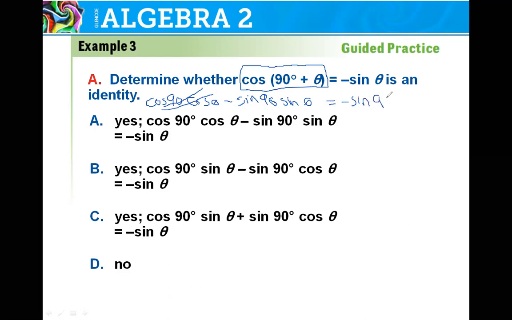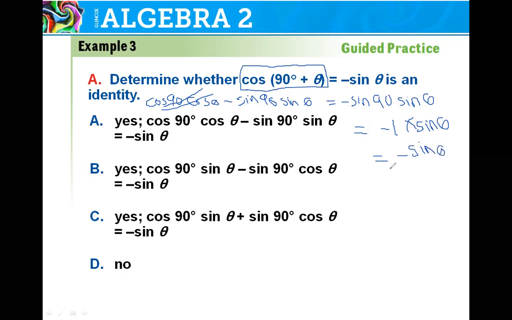Sine 90 equals 1, so it's negative 1 multiplied by sine theta, which is equal to negative sine theta. So yes, this is an identity.